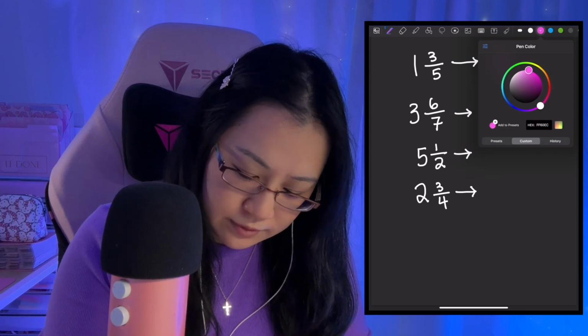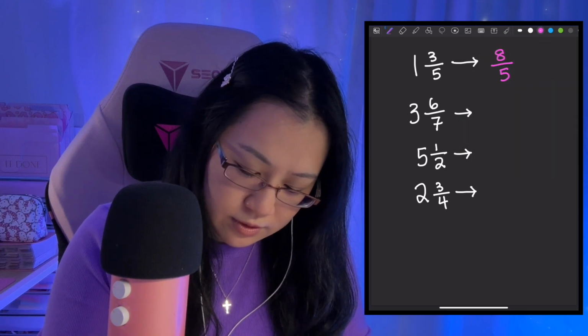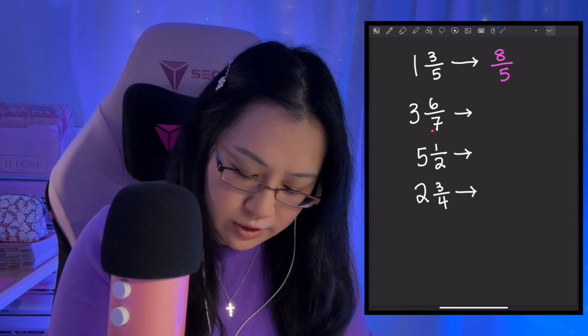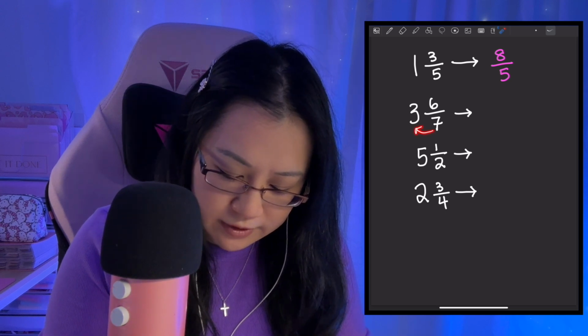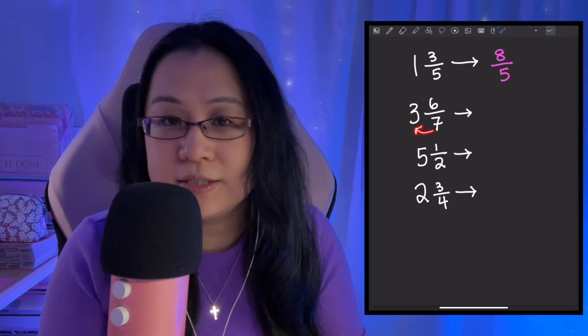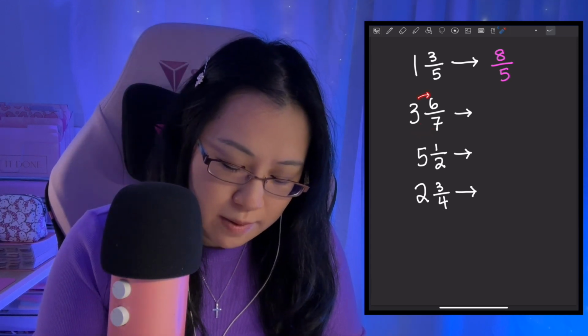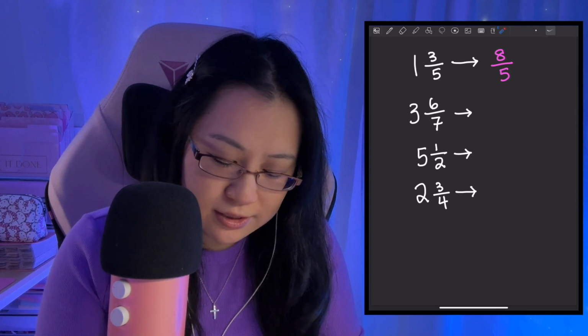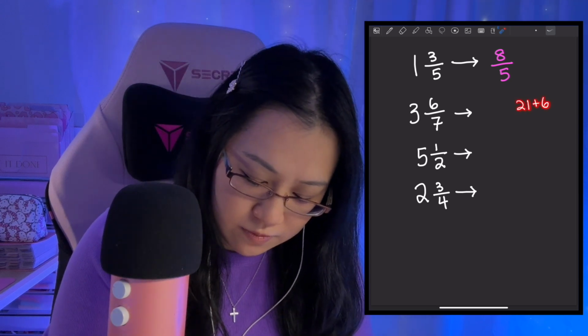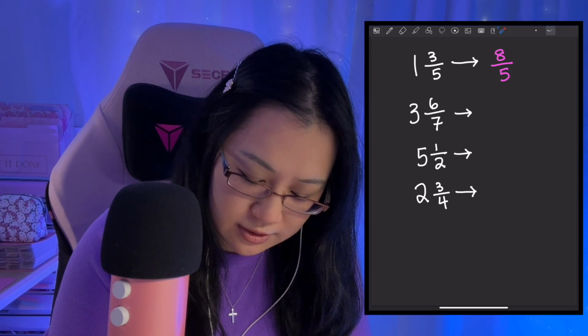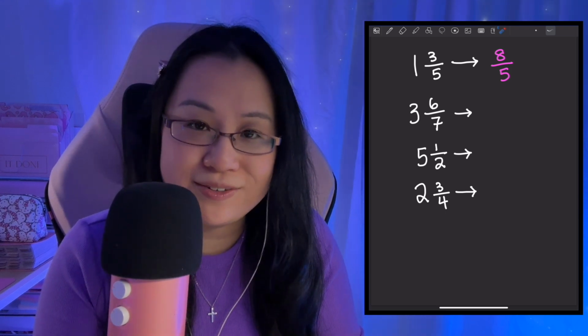Okay. So we're gonna do our 7 times 3 is 21. 21 plus 6 is 27.